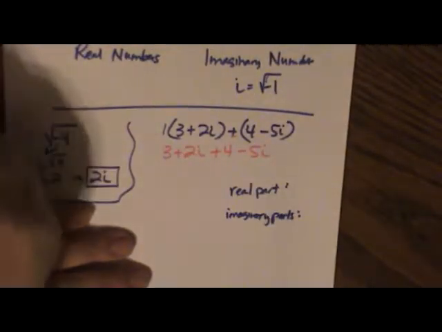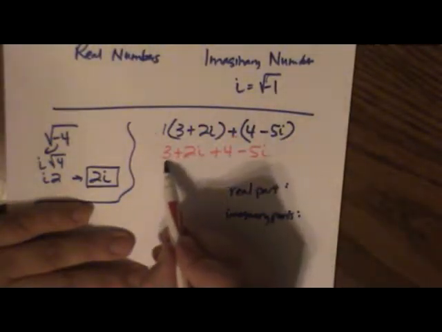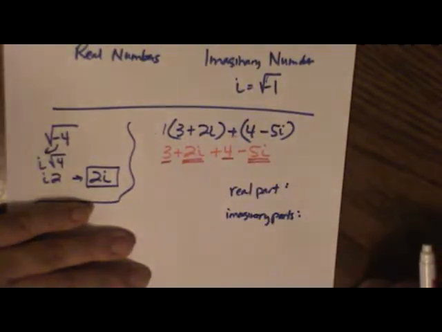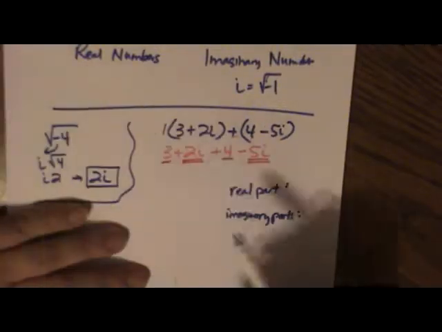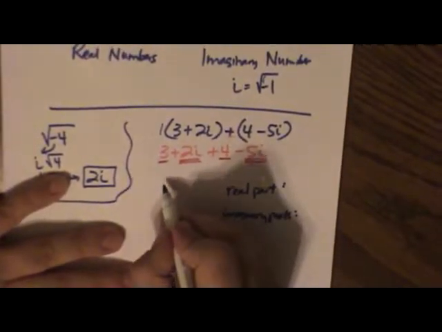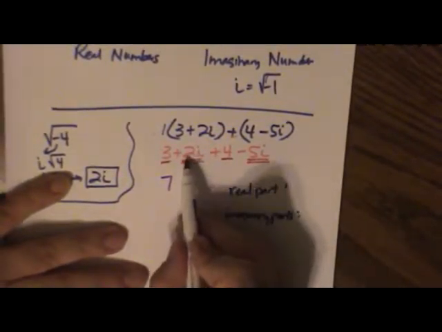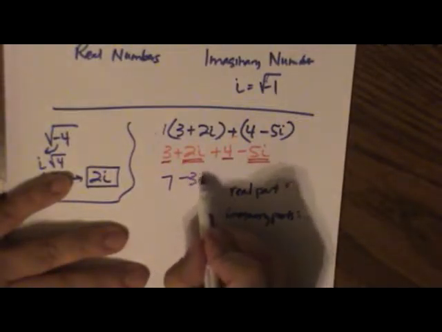Now if you look at this carefully, we have like terms. We have this 3 and this 4, and we have this imaginary part and this imaginary part. So let's add our real parts together. Our real parts are the whole numbers. We have 4 plus 3 is 7. And then we have our imaginary parts, which is positive 2 minus 5, which is minus 3i.